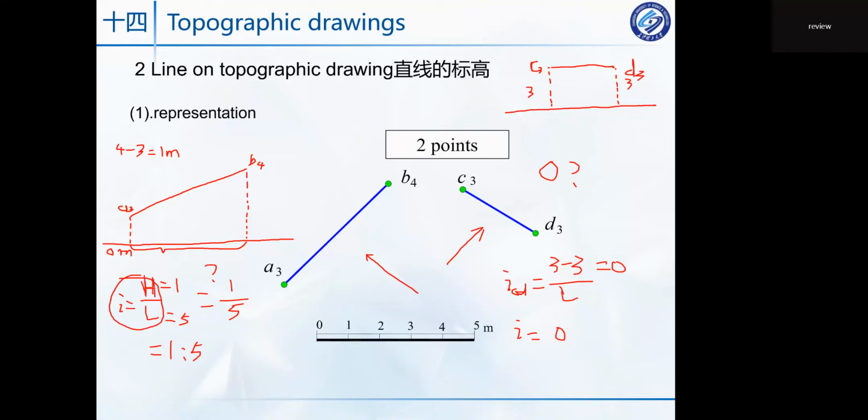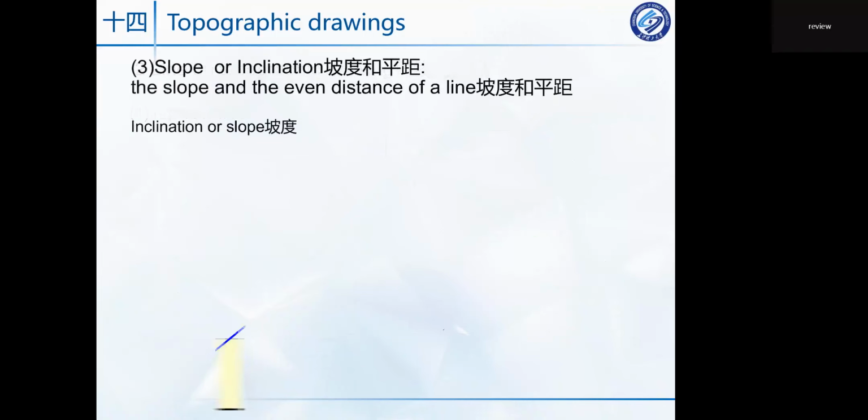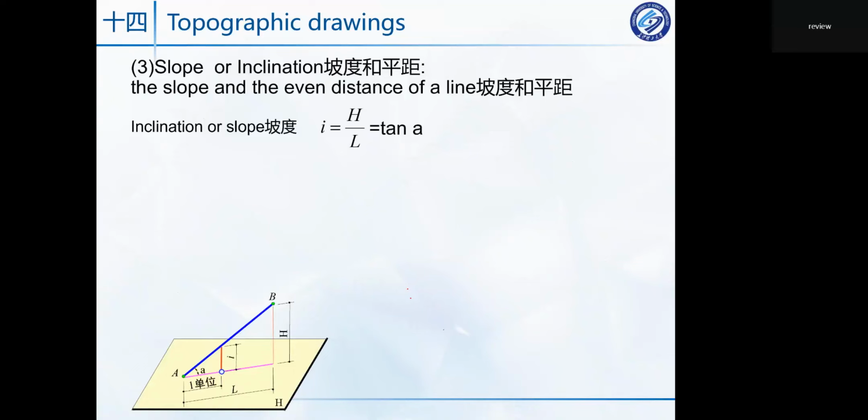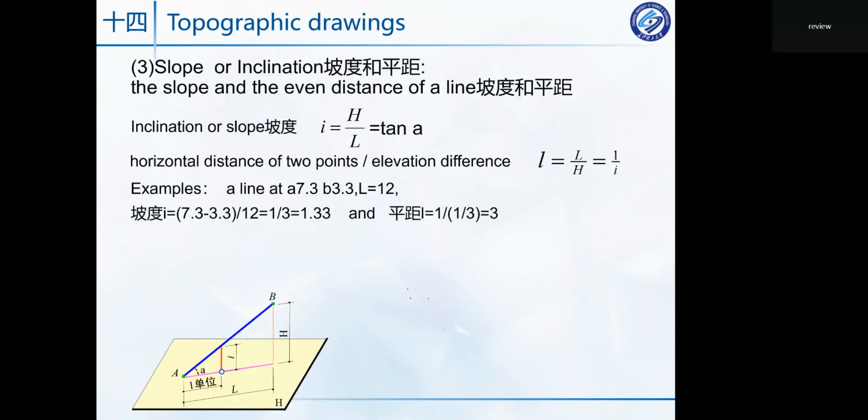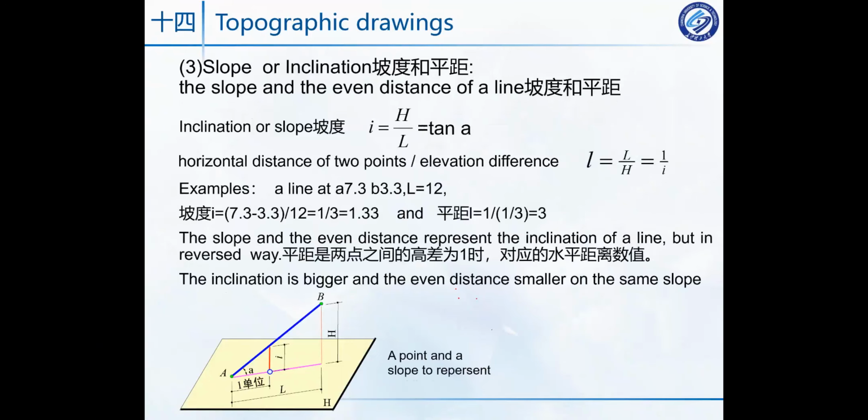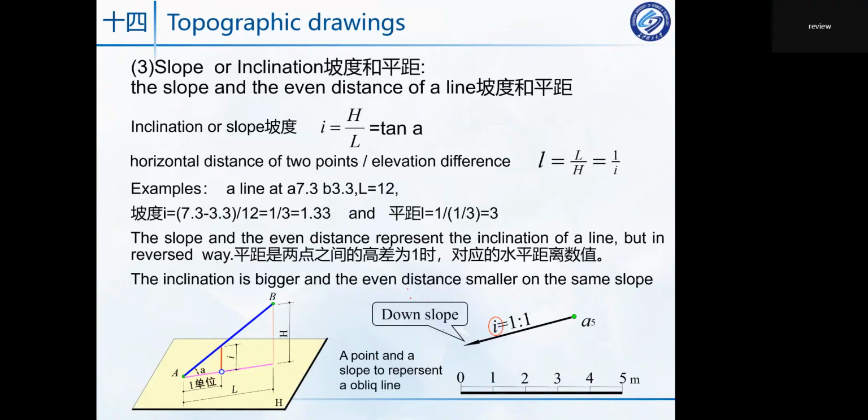The difference of elevation is above, and the horizontal distance is below, and you divide this by this one. Now you can get i.